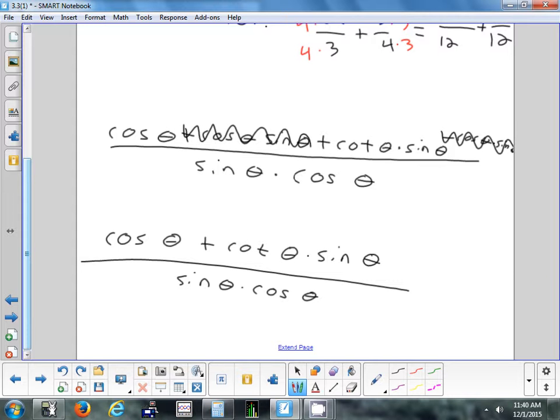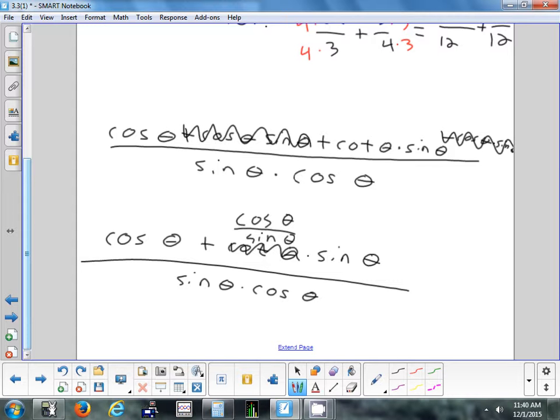Everything else is a sine and a cosine. What can you change cotangent to? Yeah, I'll just change it right here. Cosine divided by sine. And now if you multiply cosine divided by sine times sine, what cancels out?